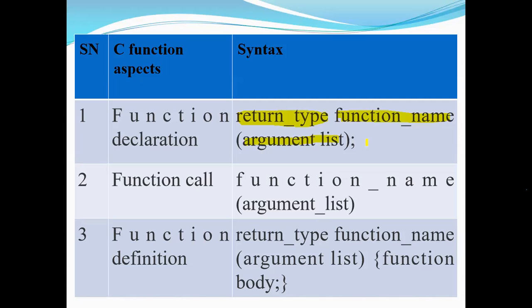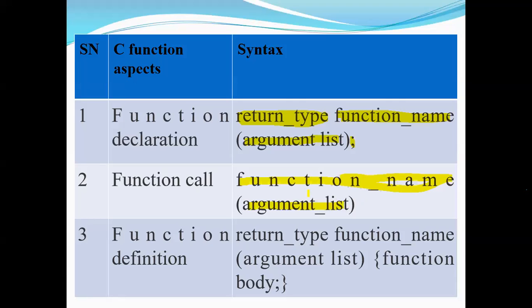Function declaration should be global, and should end with a semicolon. Next is the function call: simply the function name followed by open and close braces with the list of arguments. This function call should not have any termination. You should not have a semicolon.